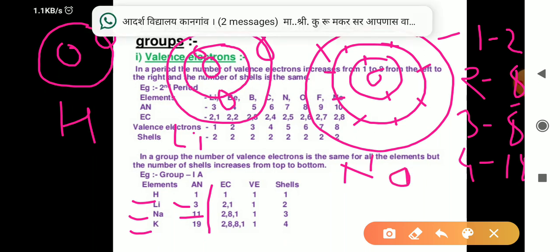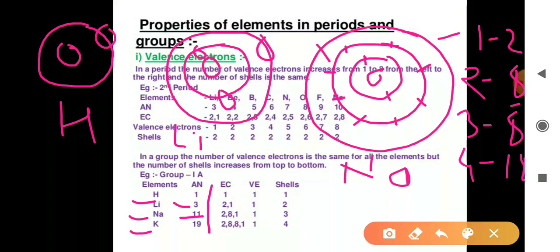So from this we can see for hydrogen the number of shells is 1, for lithium shells are 2, for sodium shells are 3. So as we move down, the next element is potassium, so for potassium the number of shells will be 4. So as we move down in the group, the number of shells increases.